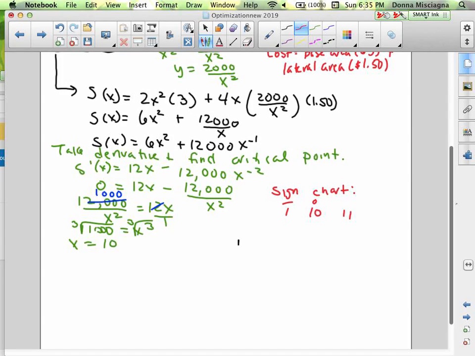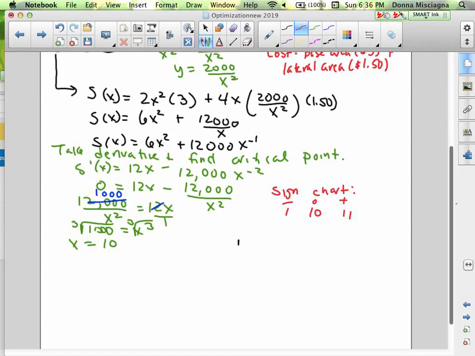So 132 is definitely greater than 99, so 132 minus 99 is definitely going to be a positive number.